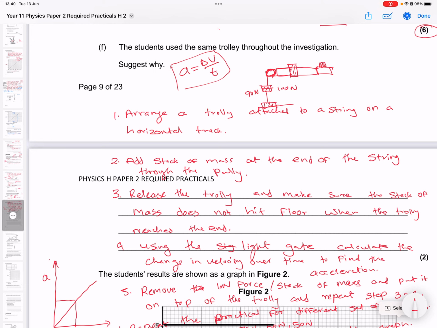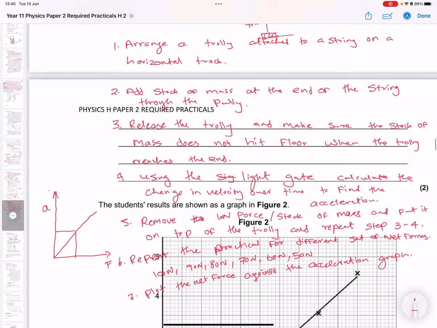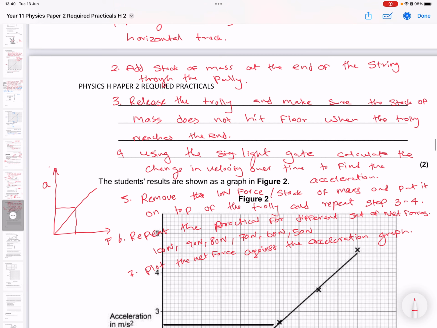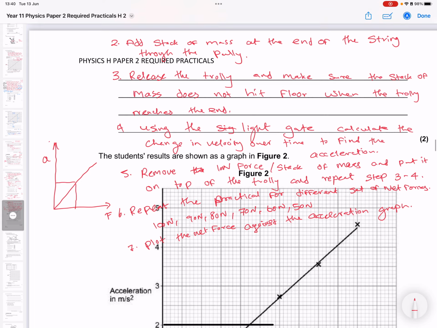Every time afterwards they remove 10 Newton from the stack of mass and place it on top of the trolley in order to keep the total mass in the system the same. And finally they will repeat it for different sets of weights, then plot a graph of acceleration against force, and they should get this directly proportional relationship.